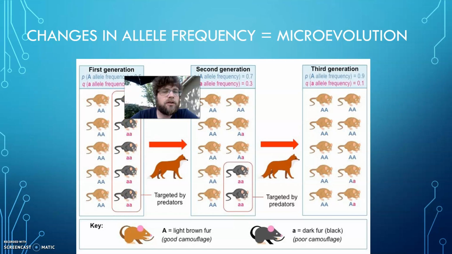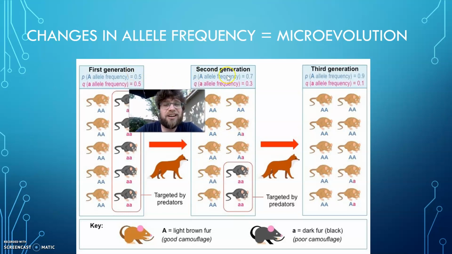Maybe they were more easily spotted in the environment. So in this gene pool, in the next generation, it changes, and you have a whole lot more of the capital A allele. It was 50-50, but now it's 70%, and you only have 30% of the recessive allele, the lowercase a allele that makes this dark fur color.